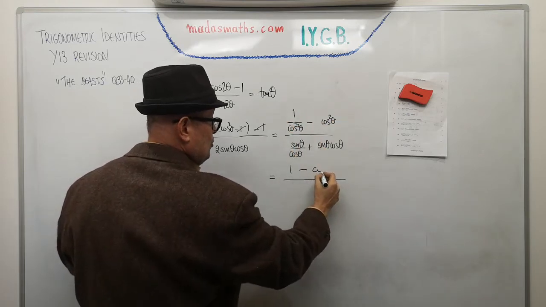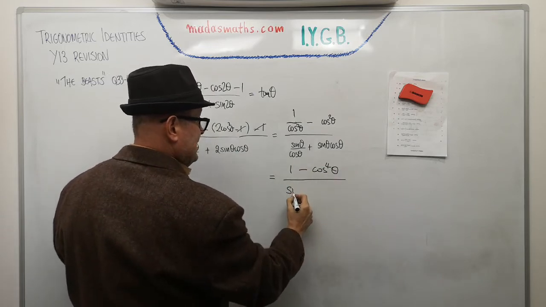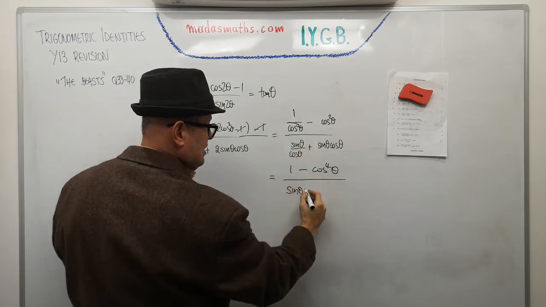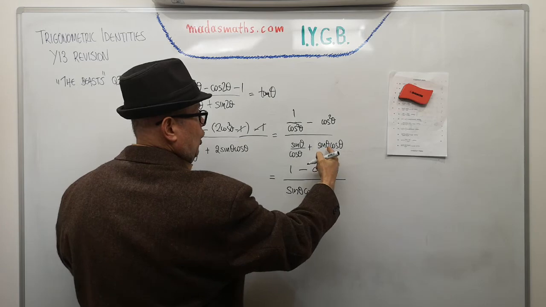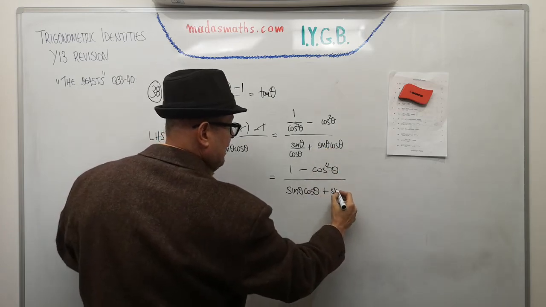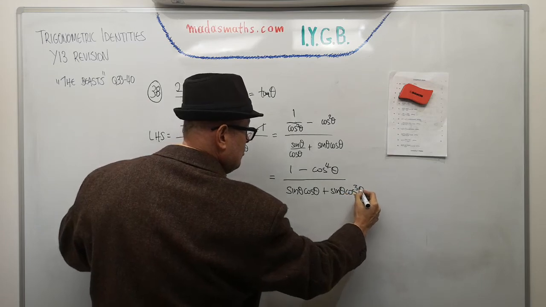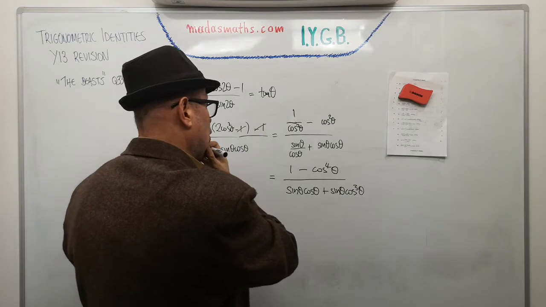This is going to go cos to the 4. And this is going to be a sine of theta times the cos squared, which will leave me with the cos still there, and times by a cos squared is going to change this cos into a cos cubed. This looks even worse now. And what's our target? Sine and cos.